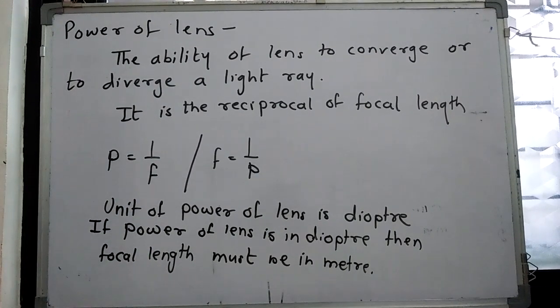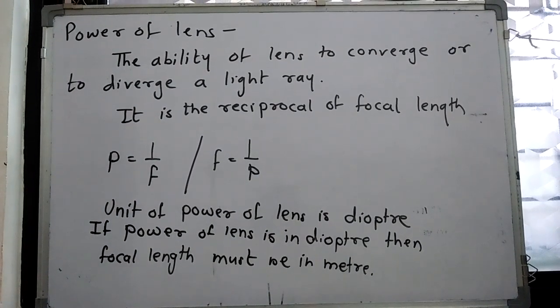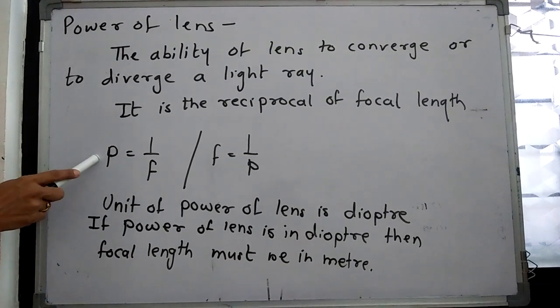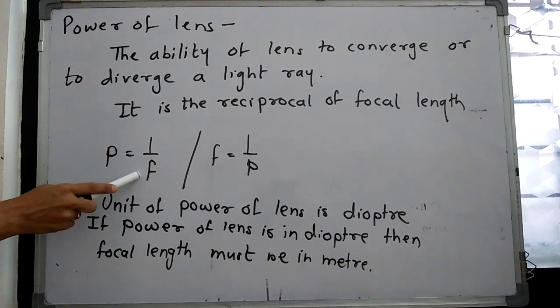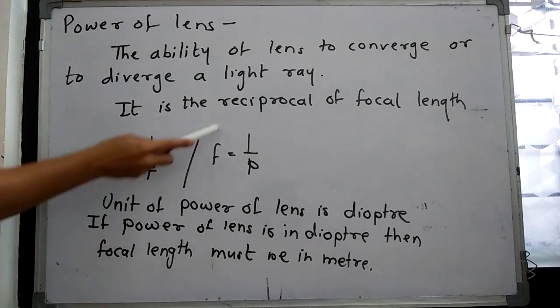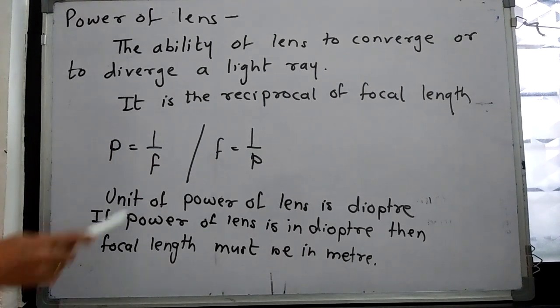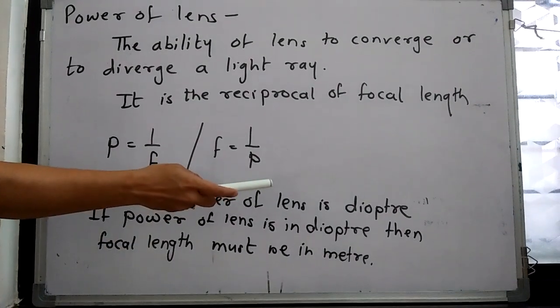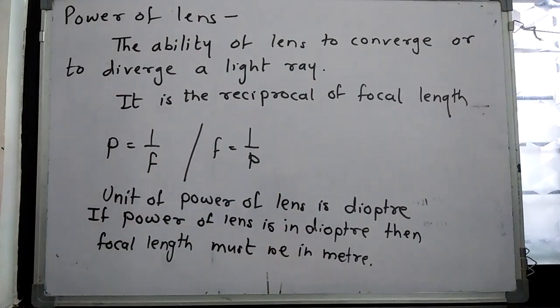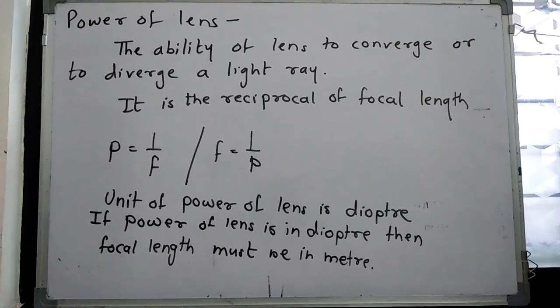So if we want to calculate the power of lens, we should know the focal length. So what is the formula? P is equal to 1 upon F, or we can say F is equal to 1 by P. And the unit of power of lens is the diopter. Diopter is the unit of power of lens.